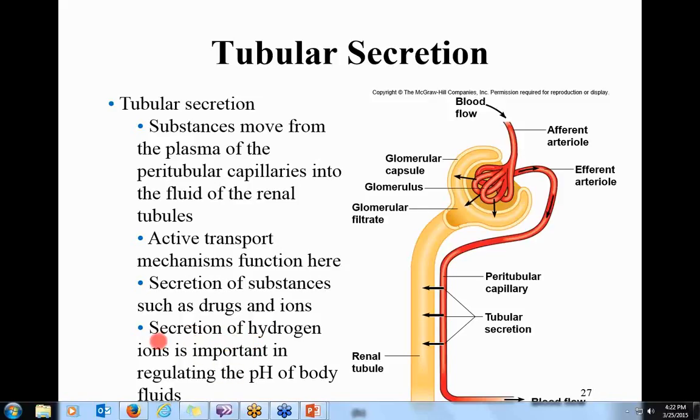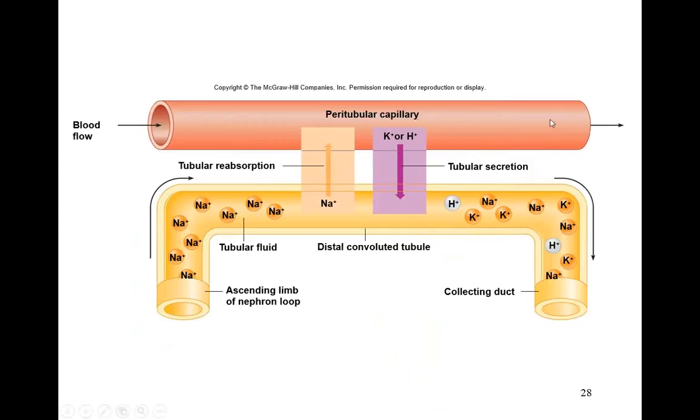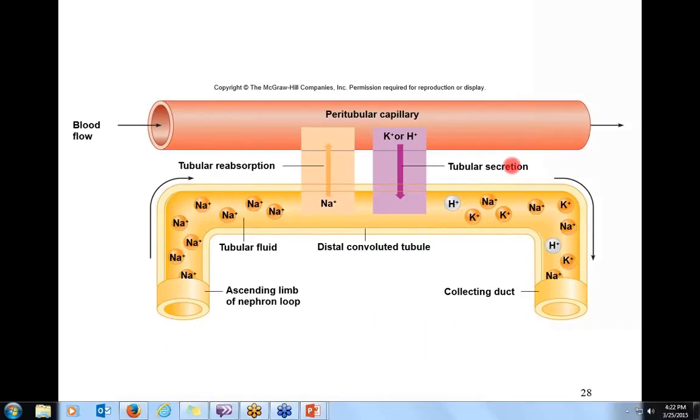And tubular secretion is very important in regulating the pH of body fluids. And that's what this slide is showing. This is secretion here, and hydrogen ions are being returned to the nephron, which is in yellow.